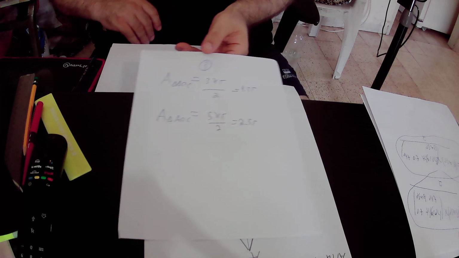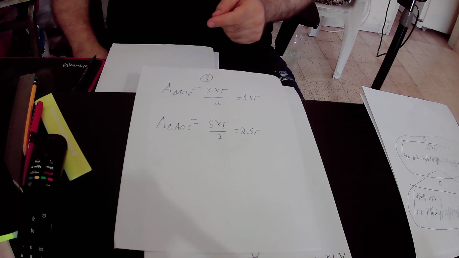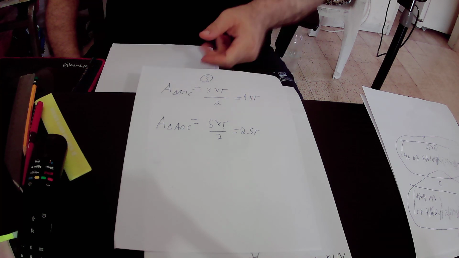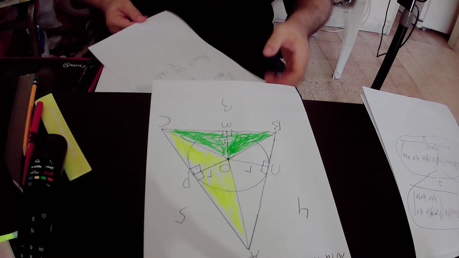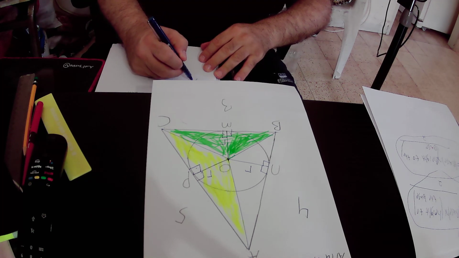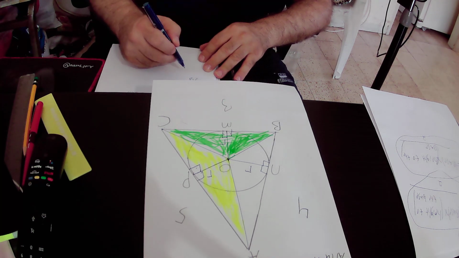So actually the area of the yellow triangle equals 2.5 times the radius of the circle. And in the same way, we will calculate the area of triangle AOB.